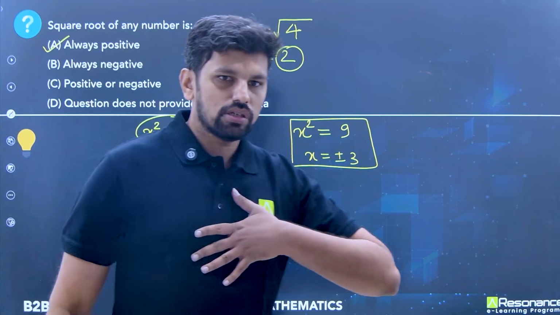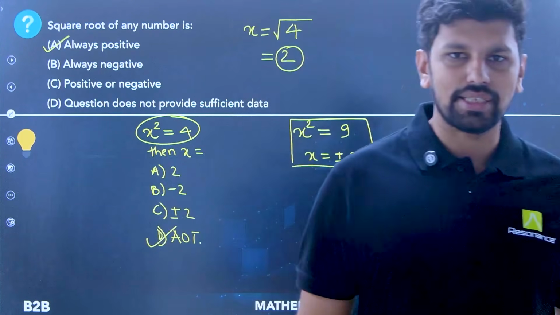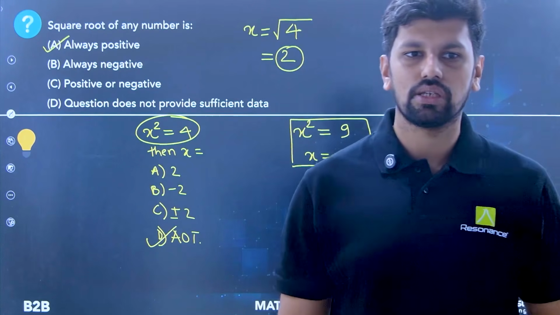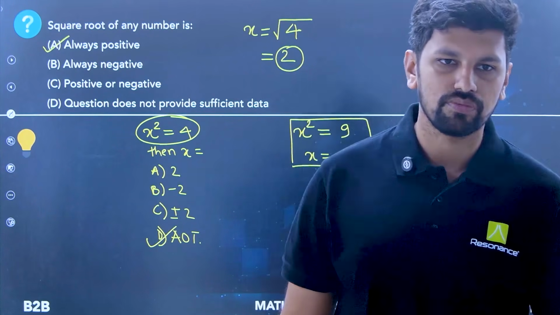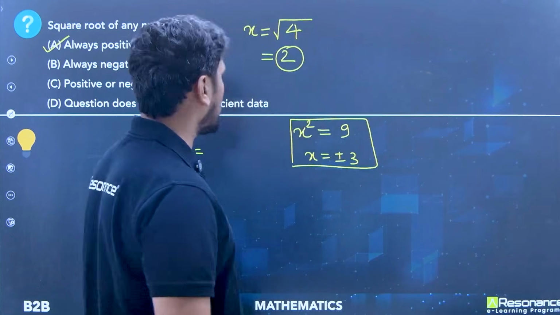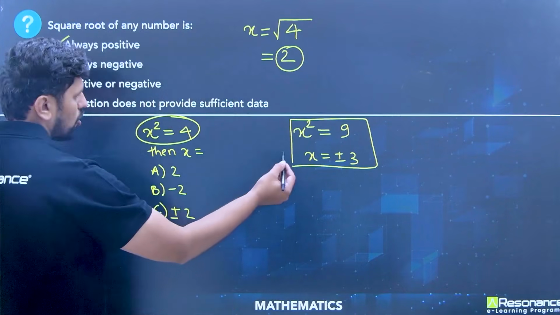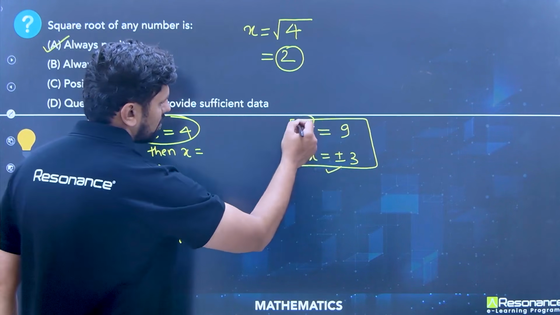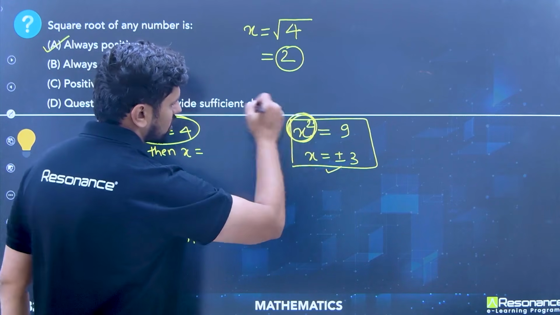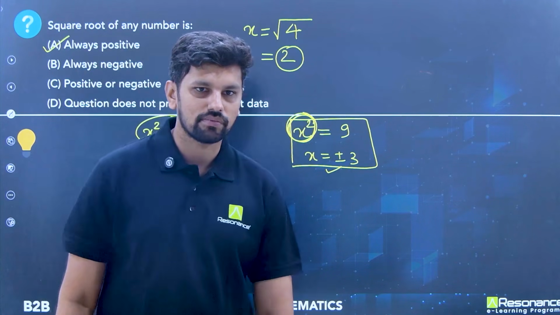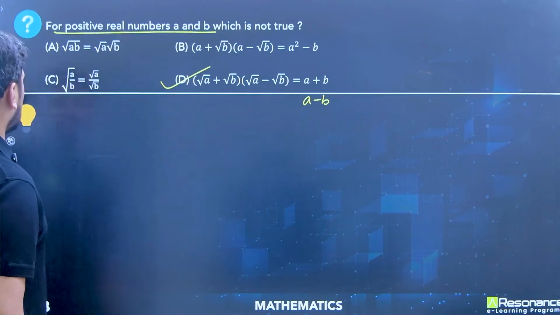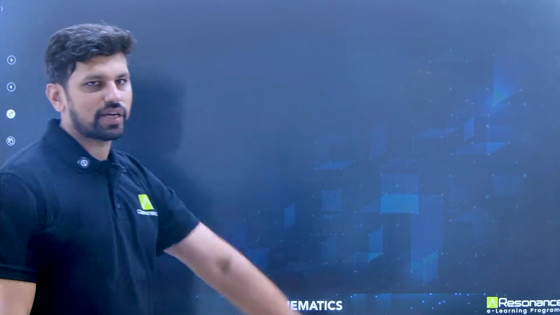So whenever x square equal to, let's say, 16, so x equal to how much? Plus minus 4. Always a plus minus sign will come because minus sign will also satisfy this equation. For rest of the doubts, we will come again.